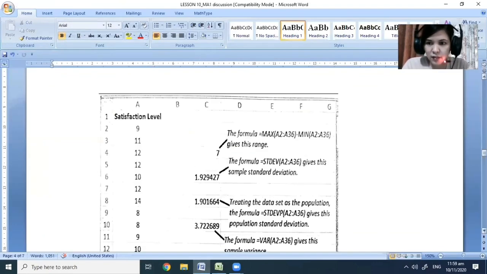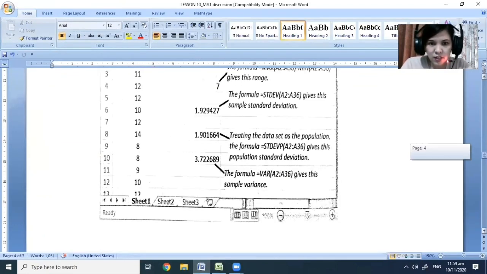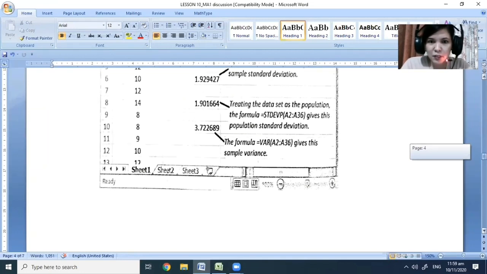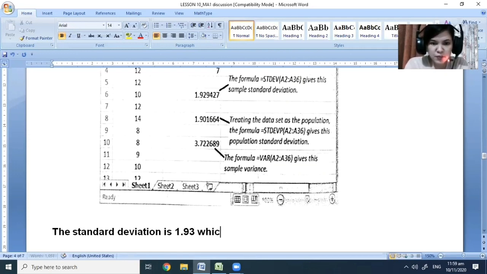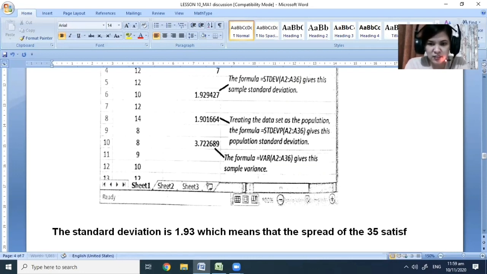Turning back to the screenshot of Excel, here are all the answers. So how to interpret the standard deviation? The standard deviation is 1.93, which means that the spread of the 35 satisfaction level ratings is 1.93.